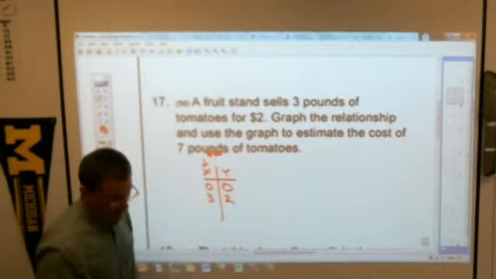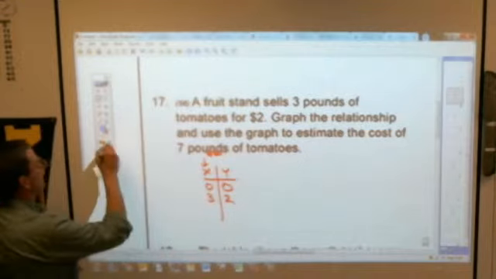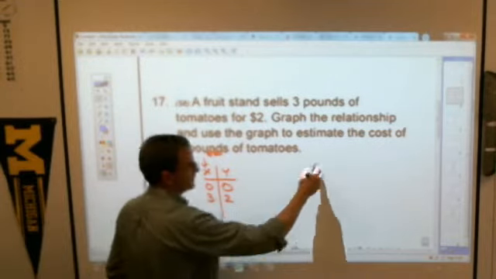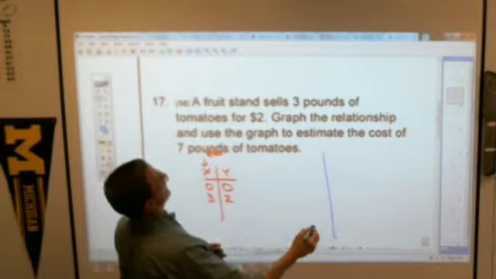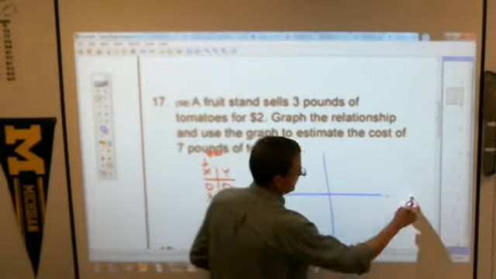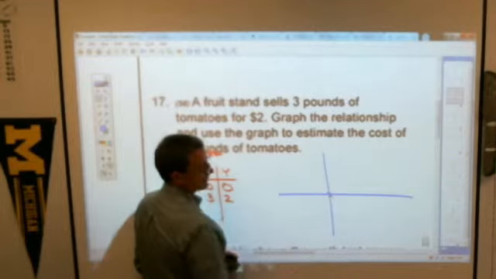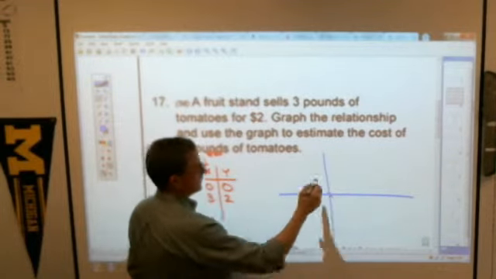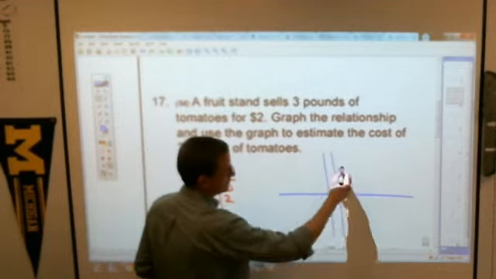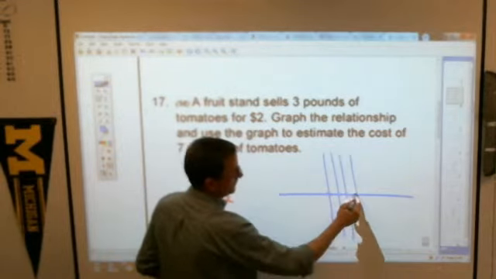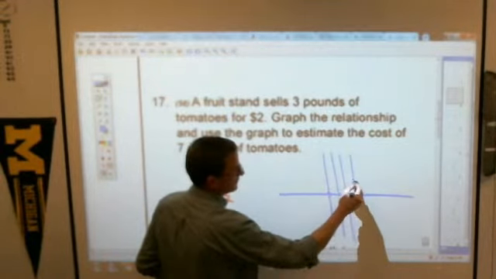Right there, this is where you're going to want to get yourself a nice little graph, because that's what it said to do. You have 2 points. You've got the origin, 0 pounds costing $0, and you've got 3 pounds costing $2.